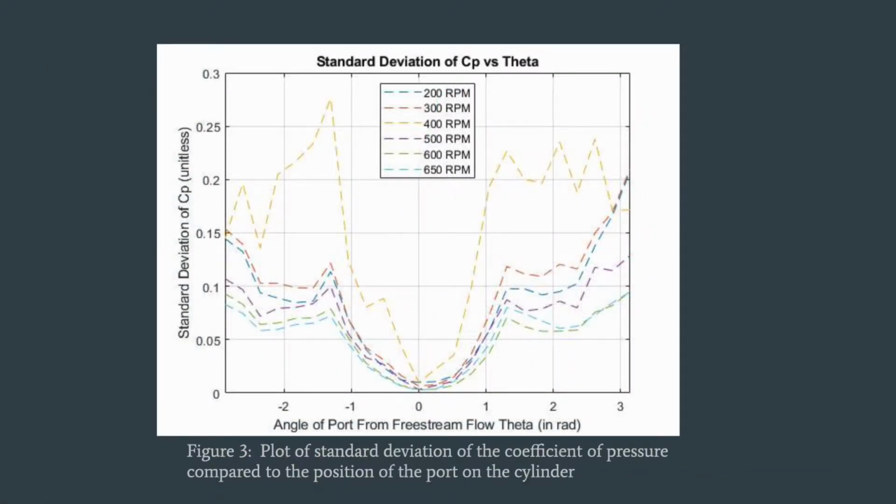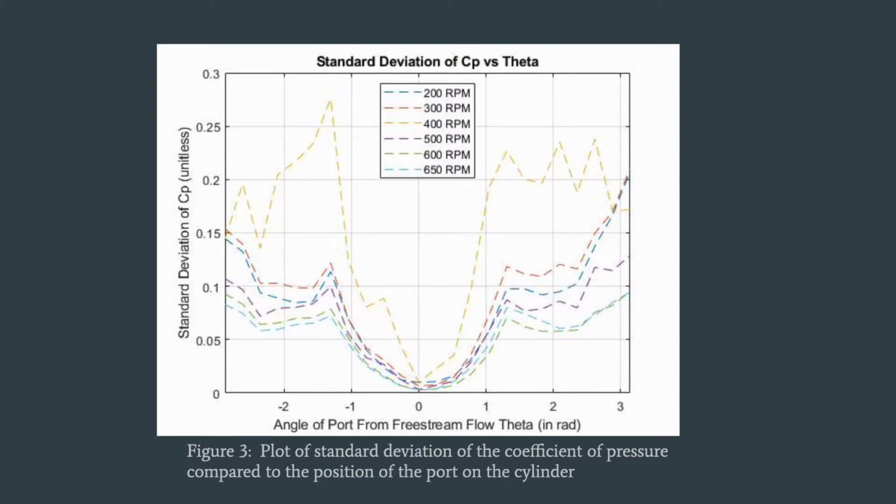Here we have the standard deviation of the coefficient of pressure. Each port actually measured 100 data points per run, so this shows the standard deviation in coefficient of pressure calculations. As you can see, again, facing the stream, it's very low, but as it goes around the cylinder, it starts to deviate further, especially with the lower RPMs, as you get some variance with adhesion to the cylinder versus separation from the cylinder.